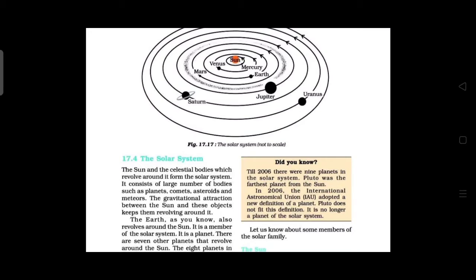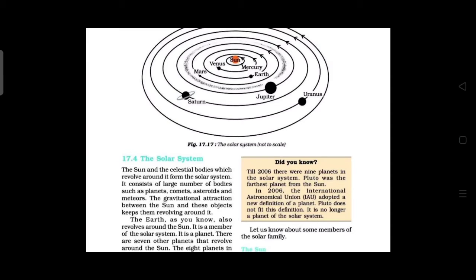The earth, as you know, also revolves around the sun. That we already know, right? Then earth is also a member of the solar system. See the picture. And there are 7 other planets that revolve around the sun. What are they?